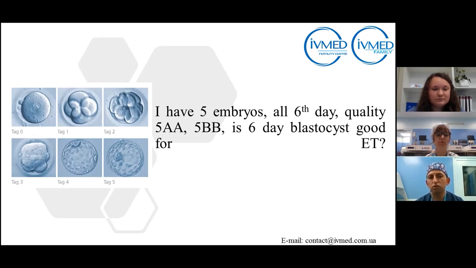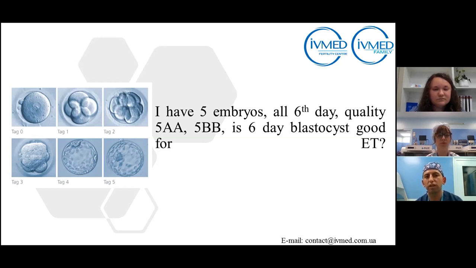Our experience also, as we are working in 95% frozen embryo transfer cycles, is that for us, between 5-day embryos and 6-day embryos, if they are healthy genetically, if we have a chance to make NGS testing on them, and if they are healthy, there is no morphological difference. So this is only a kind of metabolic activity inside of the embryo. Some of them develop faster, some of them slower.